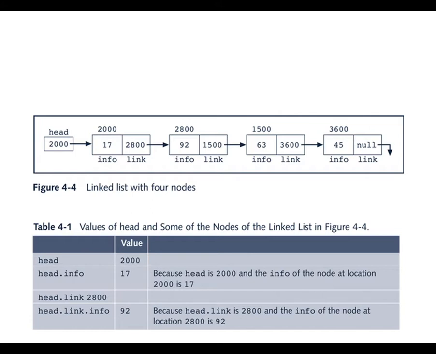Table 4-1 shows the values of head and some of the nodes of the linked list in Figure 4-4. We have the head. Its value is 2000. If we have head.info, the value is 17, because head is 2000 and the info of the node at location 2000 is 17. Next, head.link.